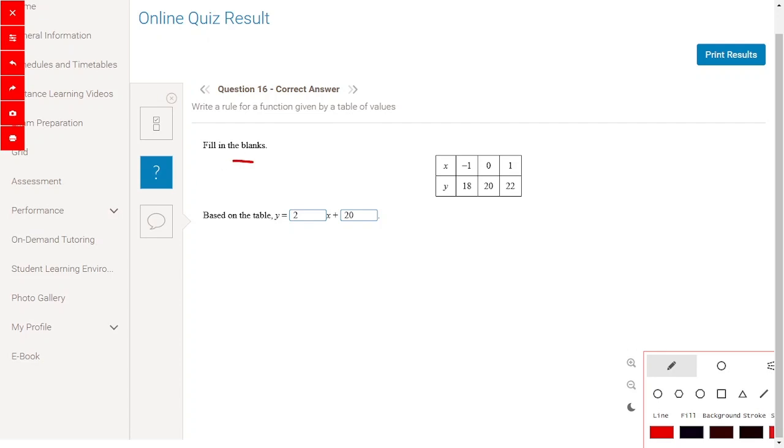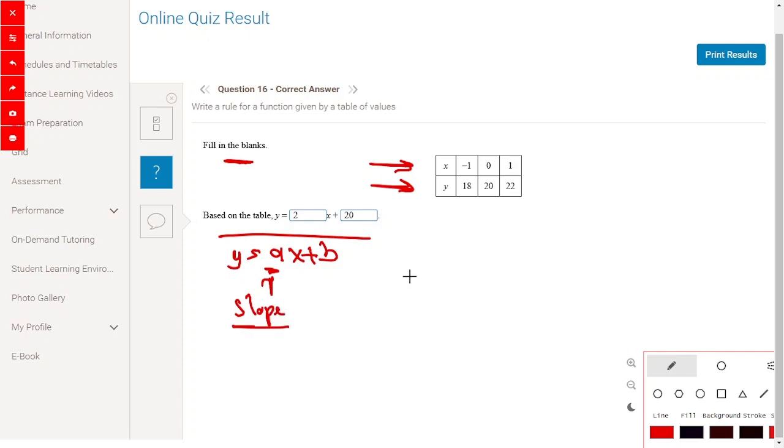Question 16, fill in the blanks. We have the same as the question before. So we say y equal to ax plus b. So let's get a, which is the slope of the linear equation. So let's take this point as point 2 and this point as point 1.